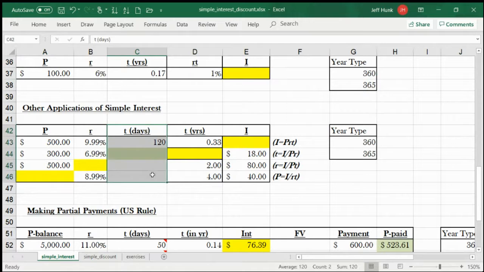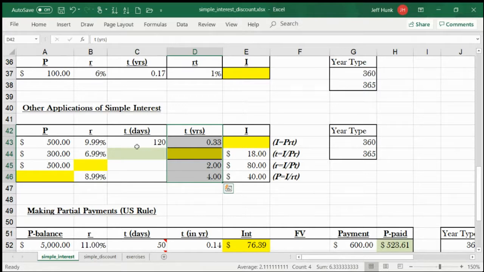In row 43, what do you see here? When the time is given in something other than years, you must have another column, right? It wasn't because the problems in the book don't give it to you like this.